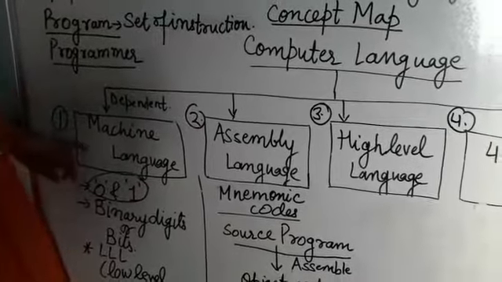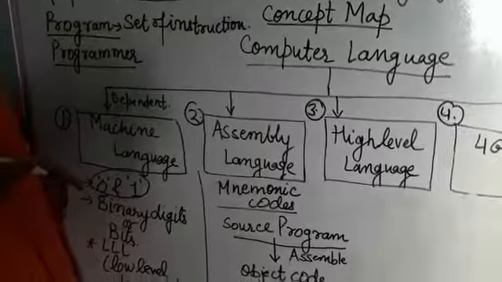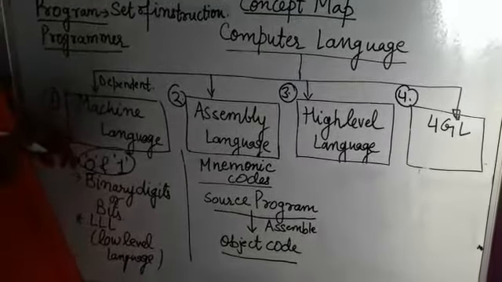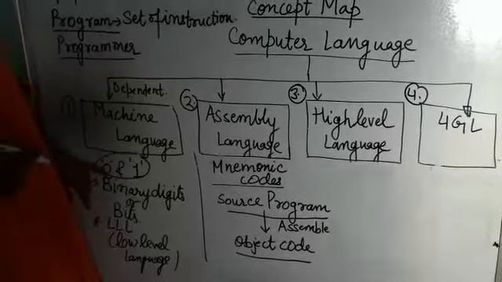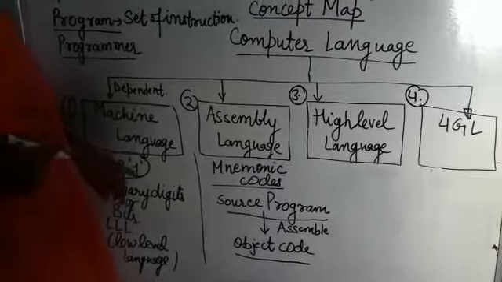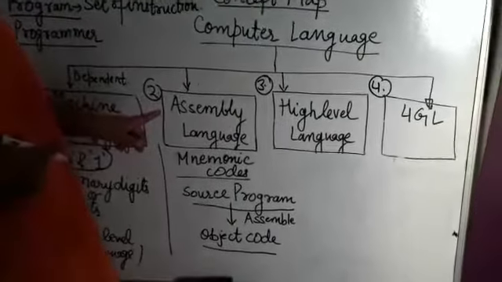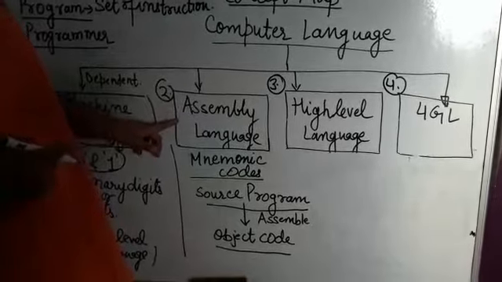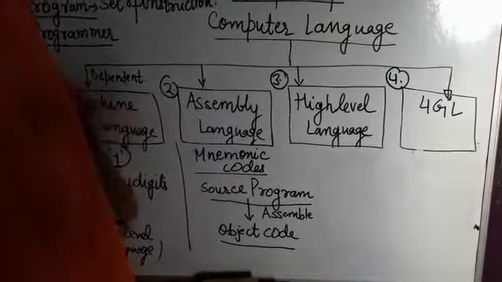So the programmers thought and developed, why not develop a language in which there should be less learning of codes like 0 and 1. So then came another language known as assembly language. Assembly language, dear children, is a language in which the programmers developed a code.